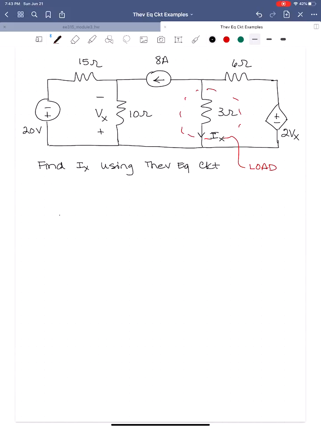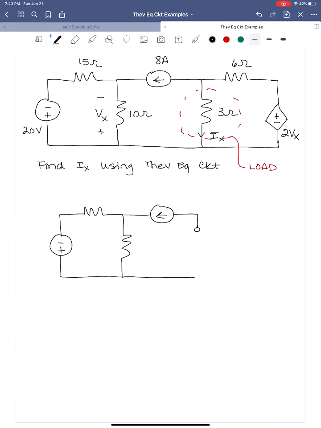We're going to have the 20 volt source, the 15 ohm resistor, the 10 ohm resistor, the current source, 8 amps. We're going to take out that 3 ohm resistor, taking care to maintain the terminals. That's always important. We have our 6 ohm resistor, and then we have that dependent voltage source.